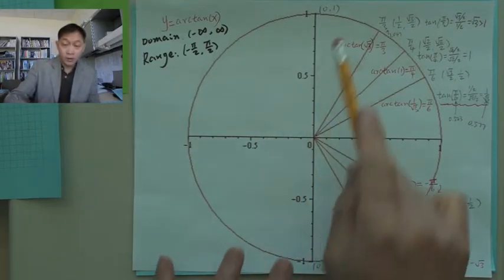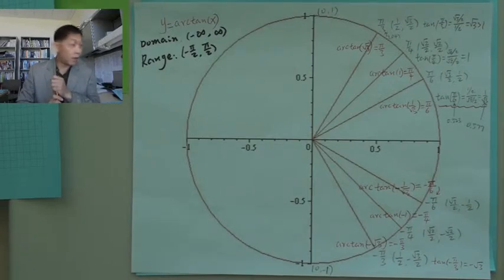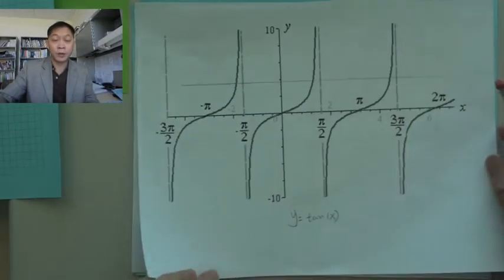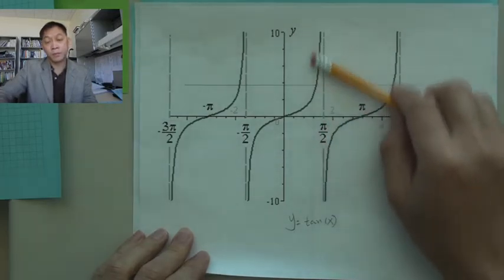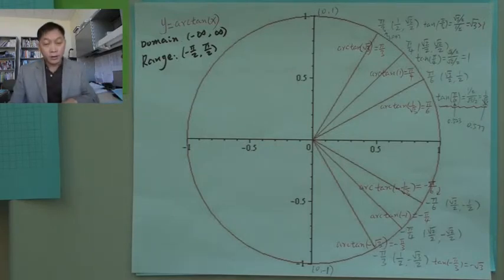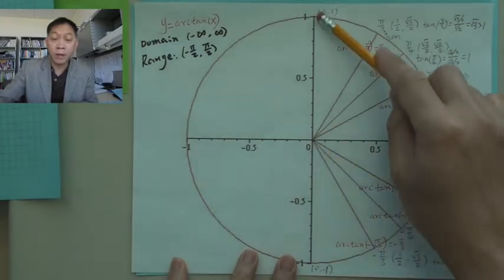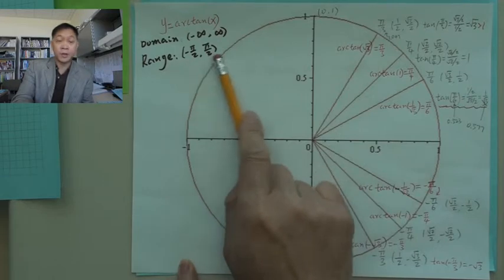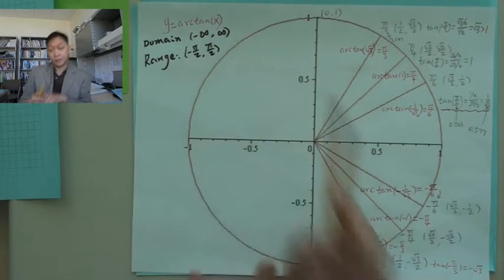So the boundary points are not defined. That's why I used the dotted line to show that was the asymptote. So it was not in the domain for tangent, then it will not be in the range for arctan x.